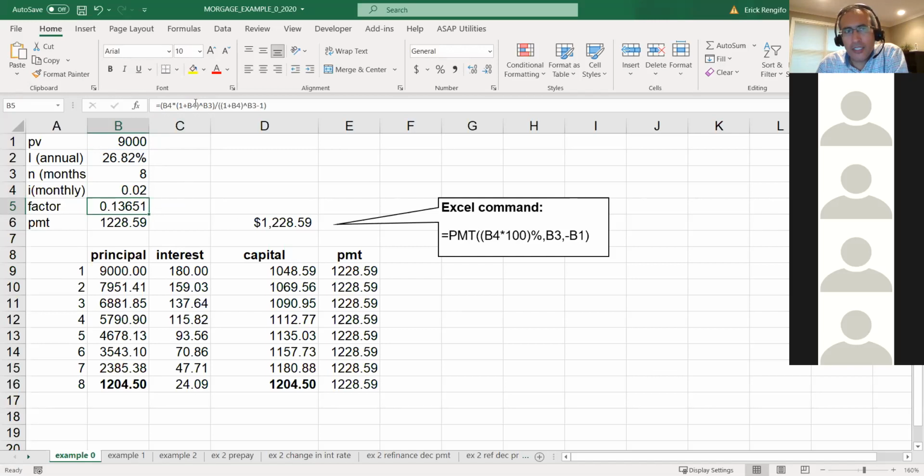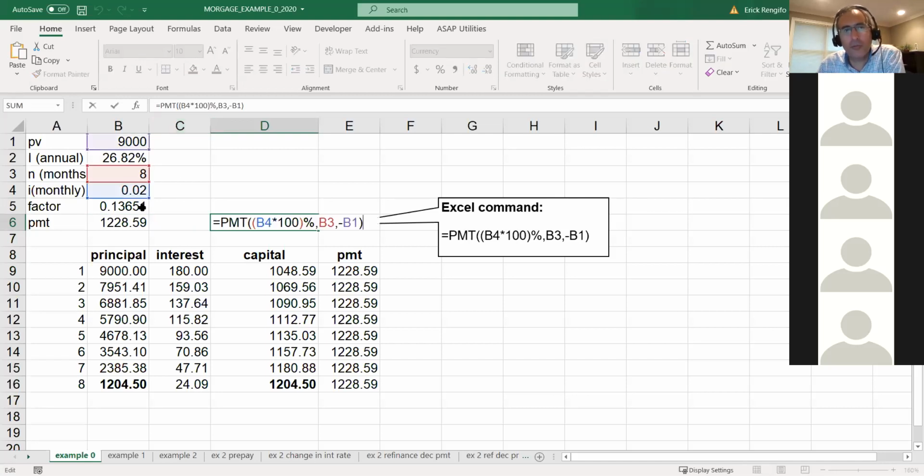Then the factor, guys, is the one that I gave you, I times (1 plus I) to the power n divided by (1 plus I) to the power n minus 1. And then you simply multiply your principal times the factor, and you obtain your payment. Also in Excel you have a command that provides this already.